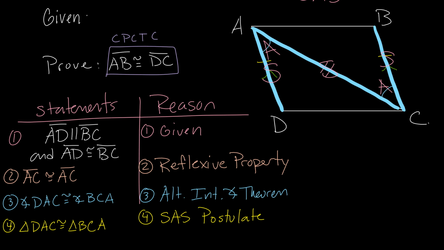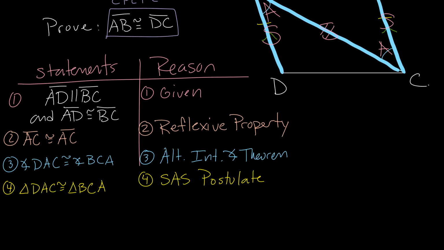You can even check in the congruence statement you wrote. AB is first and last, and DC is first and last. So yes, they are corresponding. So I can now state that AB is congruent to DC, because why? CPCTC. And I'm done.